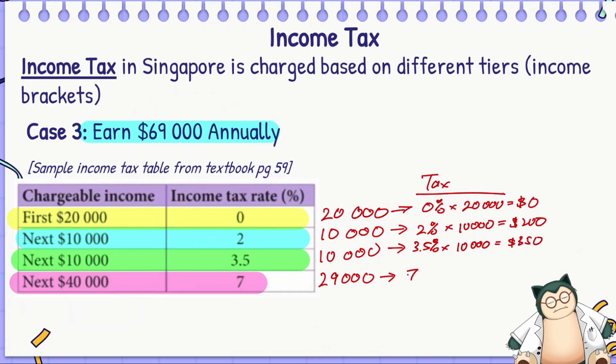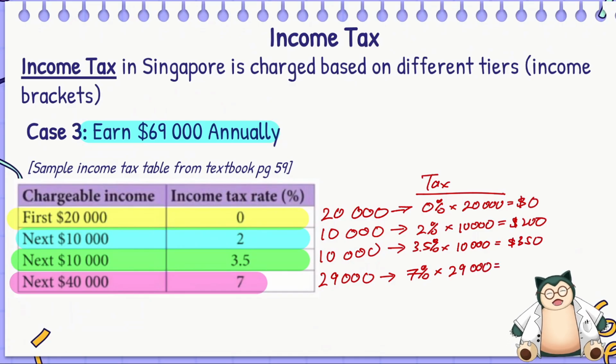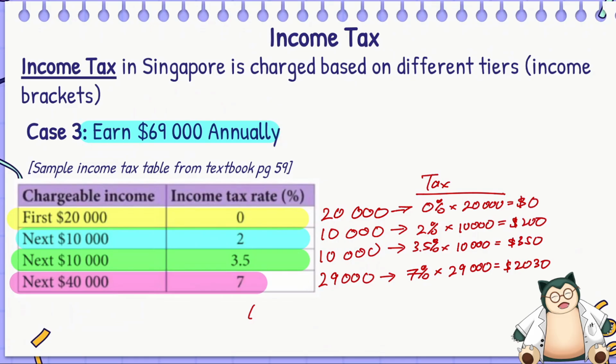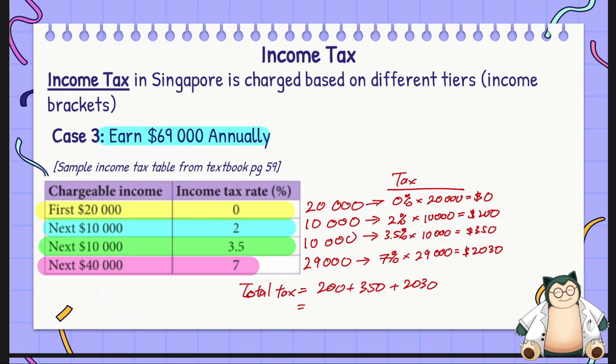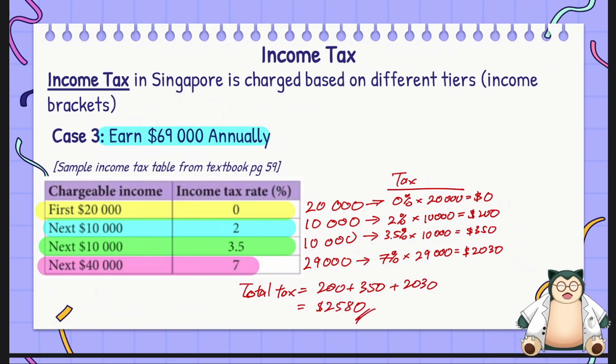And the last one, we have 7% of $29,000, which gives us $2,030. So our total tax for our third case would then be 200 plus 350 plus 2,030, which gives us $2,580. Okay, so this is how we calculate the total income tax for our third case who earns 69,000 annually.